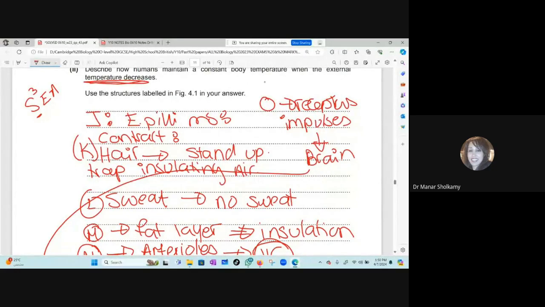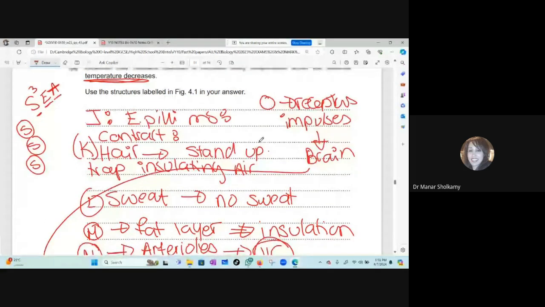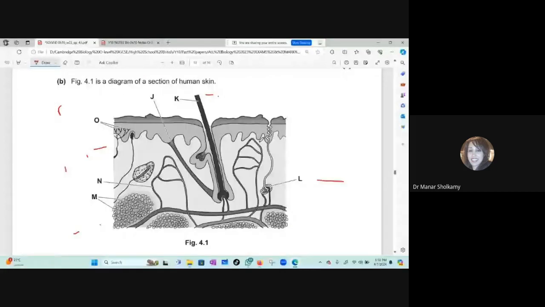And what was the last S? So we said sweating, shivering, shunt vessels. E was the erector pili muscles, and A are the arterioles. We mentioned all of them, and in addition, we mentioned other things because they are in the picture. So you'll go to the picture because they said clearly, refer to the picture.